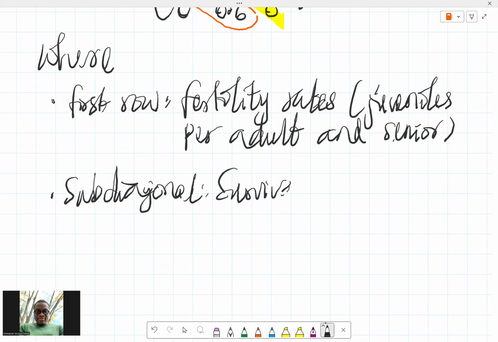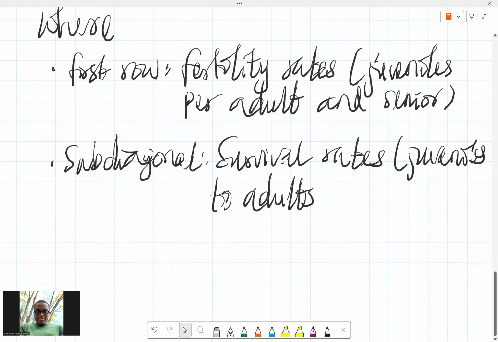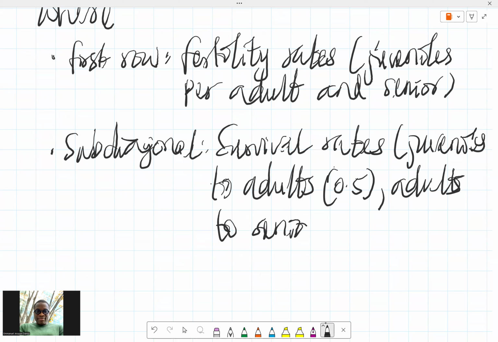That's juveniles to adults, the rate at which juveniles become adults. That's the first one, which is 0.5, so there's a 50% chance that a juvenile becomes an adult. And adults to seniors, the rate at which adults become seniors, is 0.6, which is 60%.